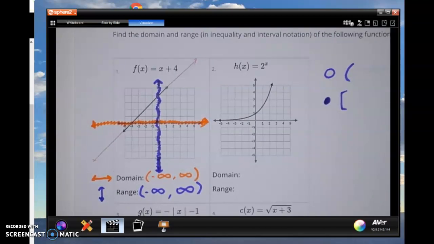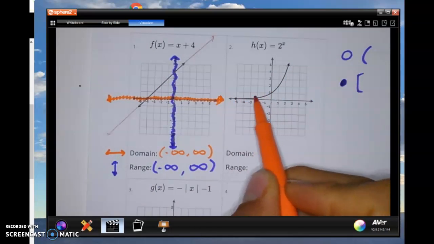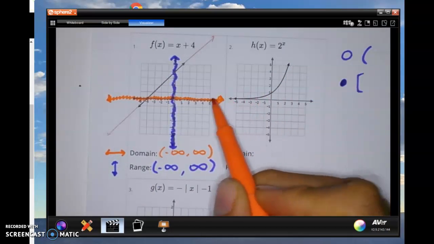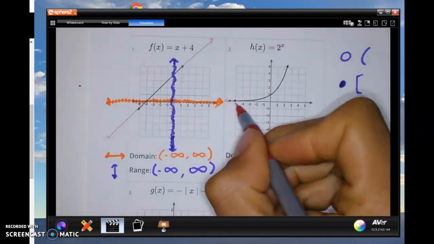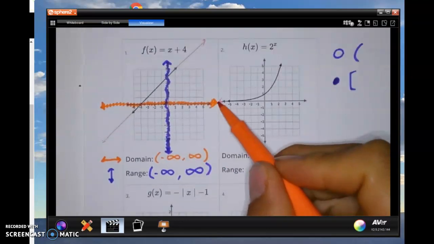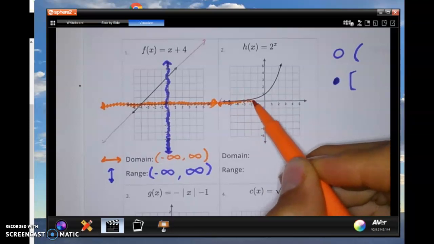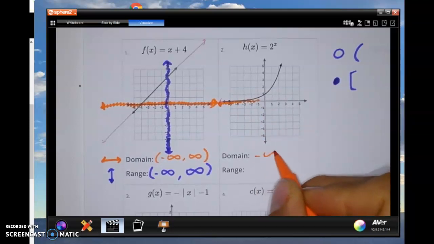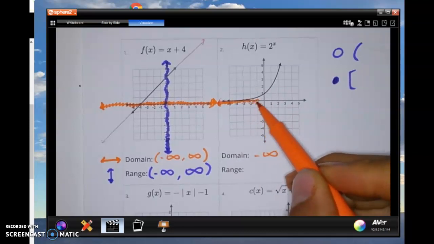So if we look at number 2, again looking at the domain, we see our graph keeps going to the left. We have this arrow that keeps going. This arrow tells me that our graph continues starting at negative infinity, because that graph keeps going in this direction, and continues and continues.